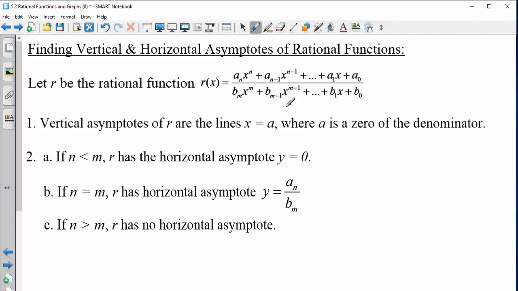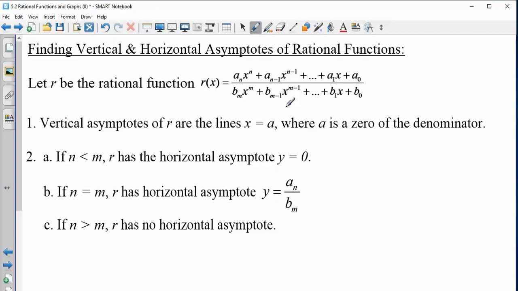Okay? The horizontal has rules that go with it. The reason behind these rules, I can give you a couple different justifications. They have to do with the degree of the two polynomials you're dividing. If the one on top has a smaller degree, your horizontal asymptote will be 0.